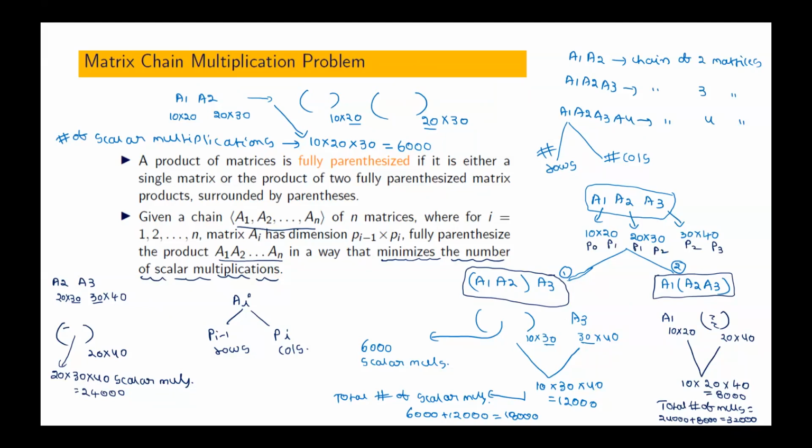For a chain of three matrices, there are different ways of finding the chain product, and for each way the number of scalar multiplications performed may be different. Hence, the goal is to find the way where the total number of scalar multiplications is minimum. Is the definition of the problem clear?